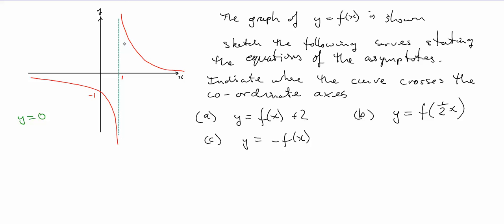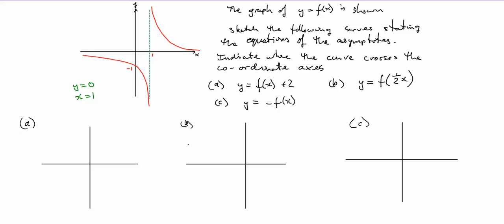And we have a vertical asymptote where x equals 1. So the two equations of the asymptotes on the curve y equals f of x are y equals 0 and x equals 1. What we need to do is to sketch these transformed curves and state the value of their asymptotes and indicate where the curve crosses the axes.